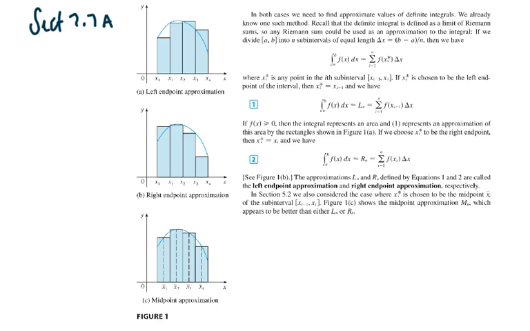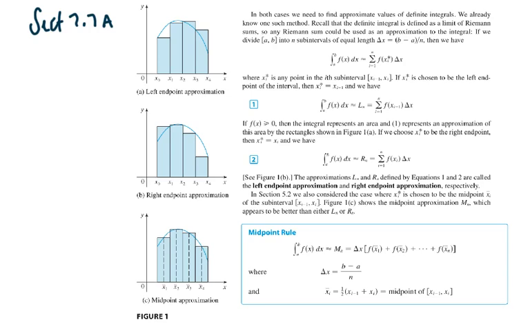So we find the rectangles and add them together. And then we find the midpoint rule, and the midpoint approximation says I'm finding the midpoint between the x values. So you can see you have x1 bar, x2 bar, x3 bar, x4 bar.